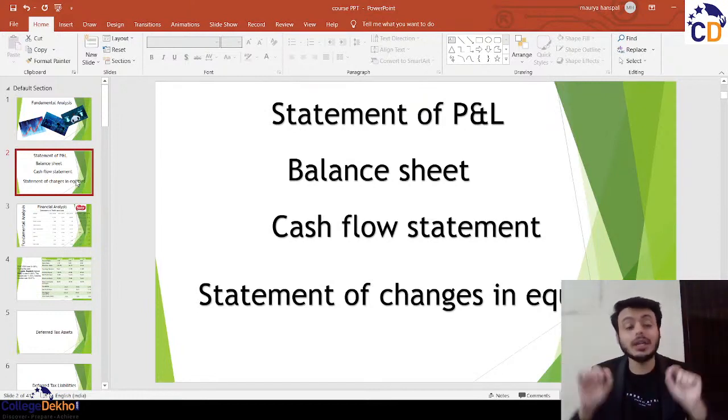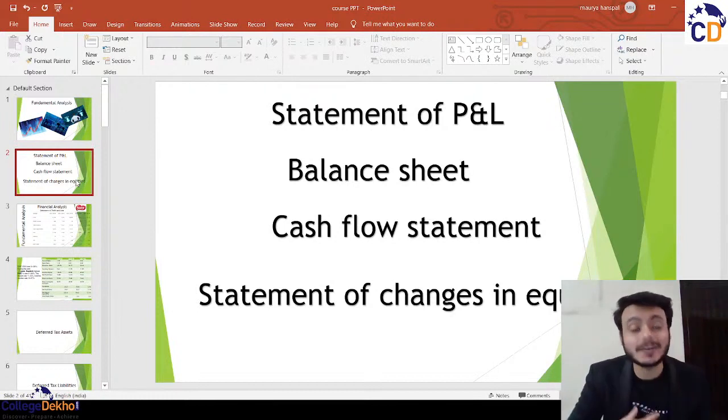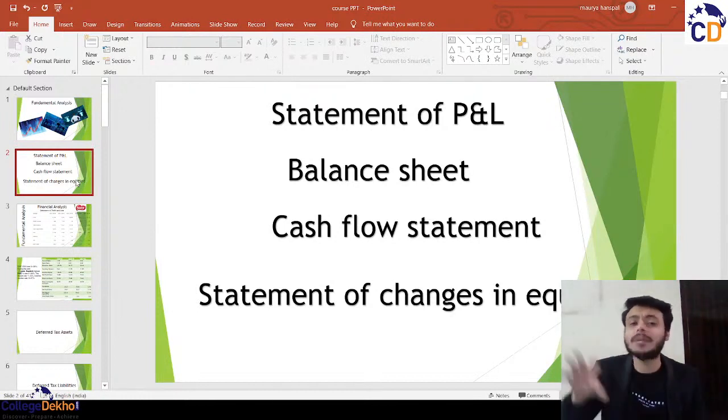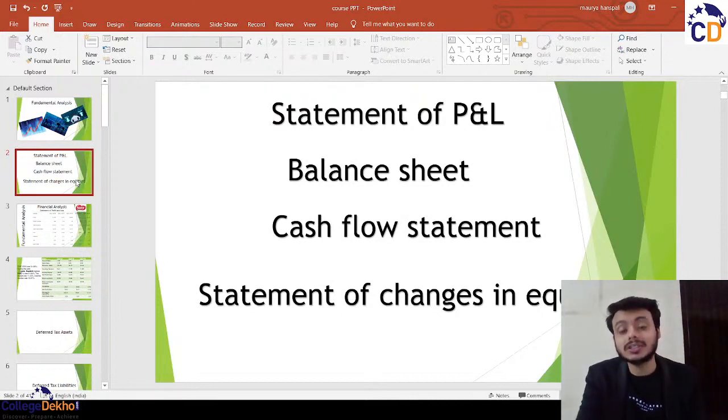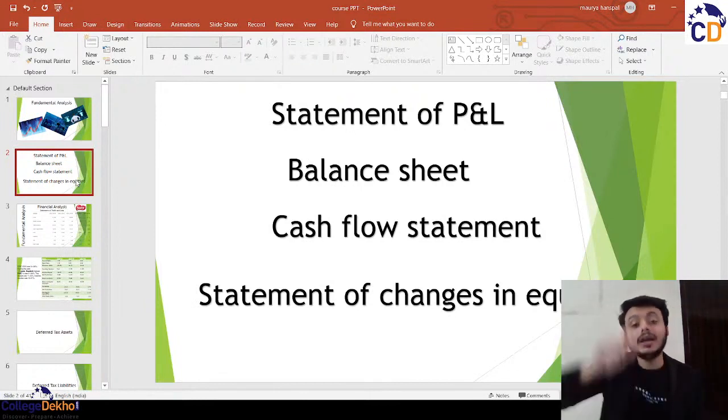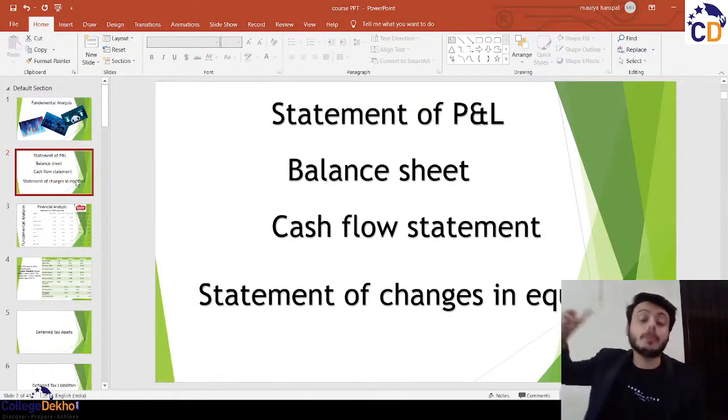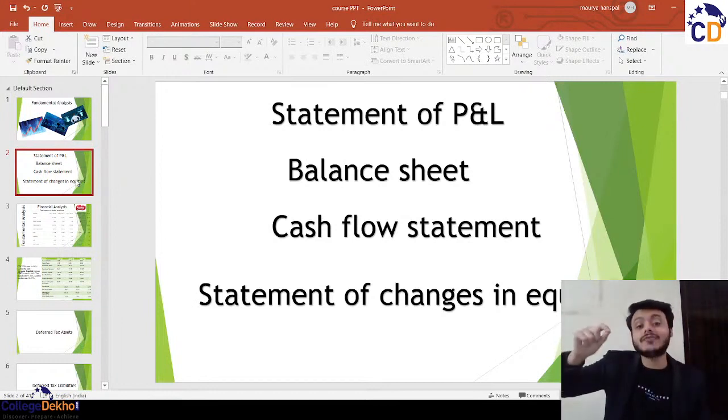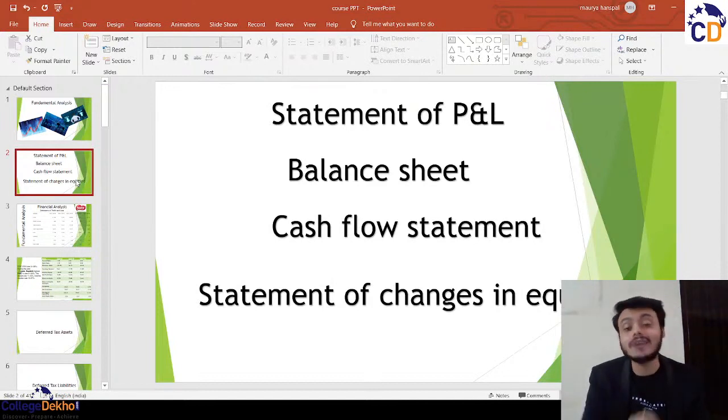So simple common sense: our assets, maybe in the form of plant and machinery, our cash, our bank balances, must be more than the liabilities we have to pay. That means we should have enough assets, cash, and bank balance that we can pay off our debts and liabilities. If we have fewer assets and liabilities are more, that could be a negative indicator for the company. So the assets must be more than the liabilities of the company.